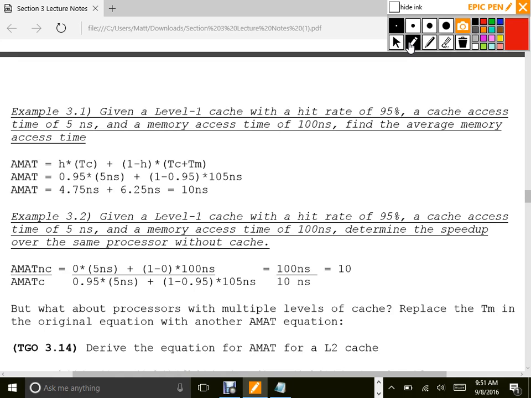However, 5% of the time, it's going to take us 5 nanoseconds to look at the initial place, plus 100 nanoseconds to find it in memory, right? Therefore, 4.75 nanoseconds plus 5.25 nanoseconds equals 10 nanoseconds. That means on average, for an entire program, that's how long it's going to be.